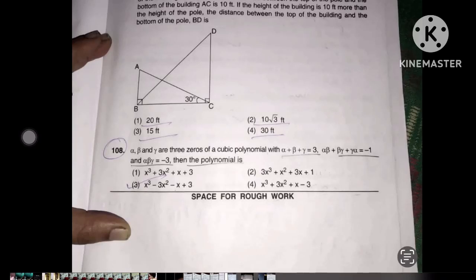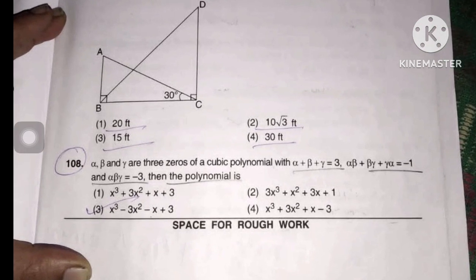We will continue our discussion of answer keys and solutions to Karnataka TET 2023 Maths and Science problems. So we are up to question number 108. Here alpha, beta and gamma are three zeros of a cubic polynomial with alpha plus beta plus gamma equal to 3.